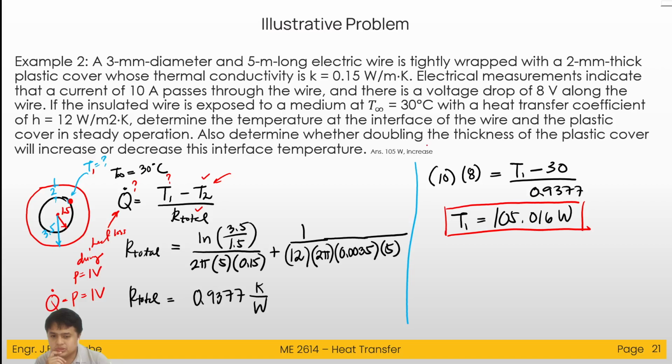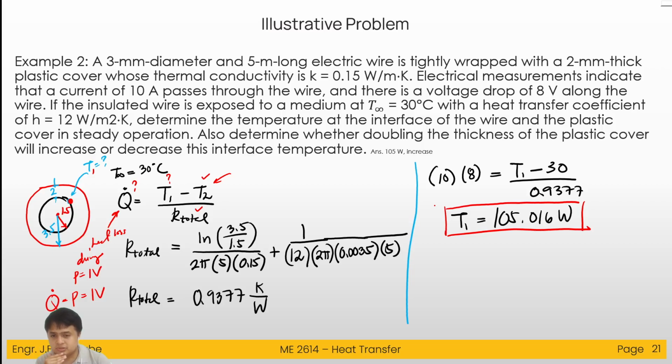Now the other question here is to determine whether doubling the thickness of the plastic cover will increase or decrease the interface temperature. The concept of critical radius of insulation is that if the radius of insulation is less than the critical radius, then it will increase the heat transfer rate.